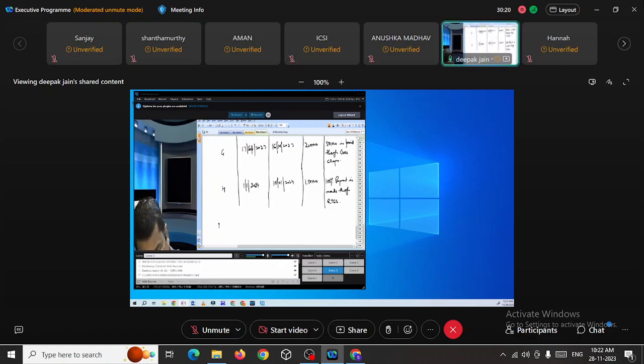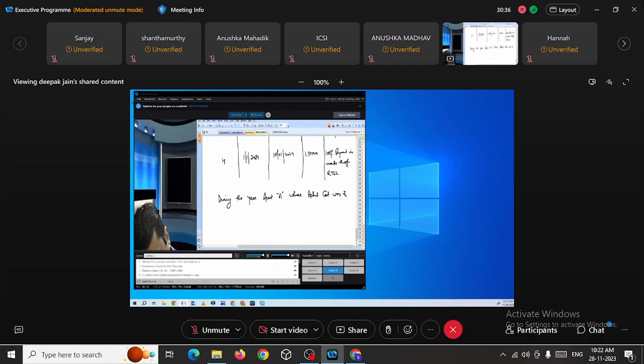During the year, asset A, whose actual cost was rupees 2 lakh, is sold out for a sum of rupees 3 lakh.